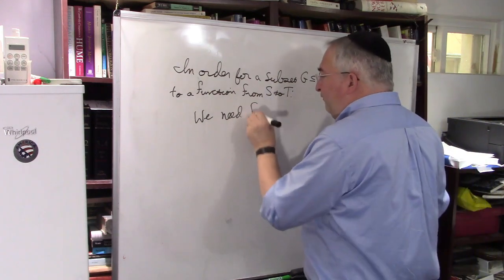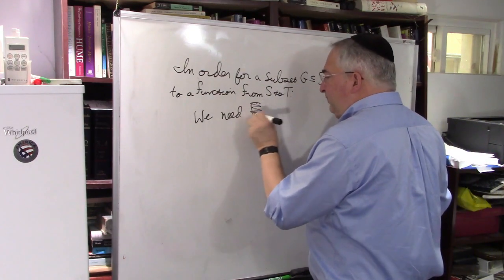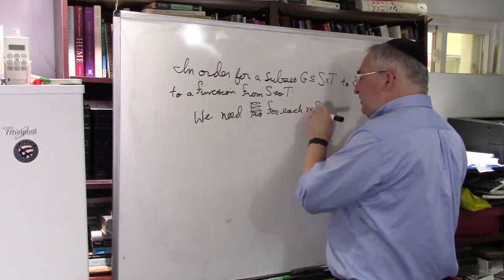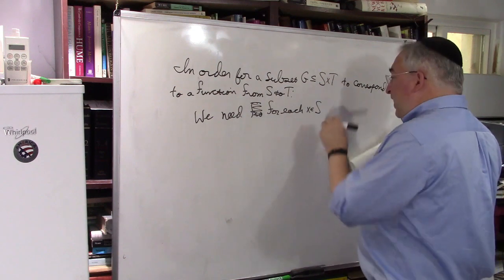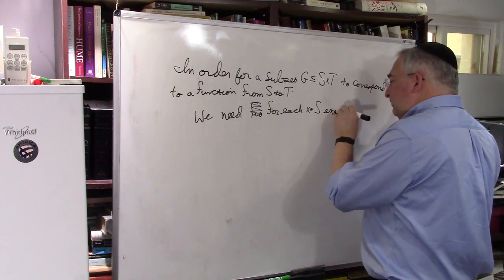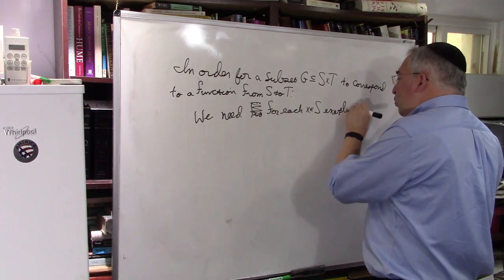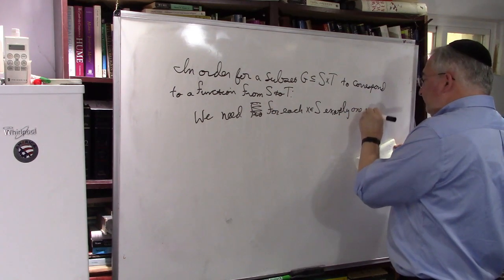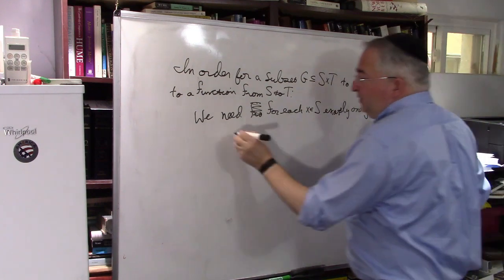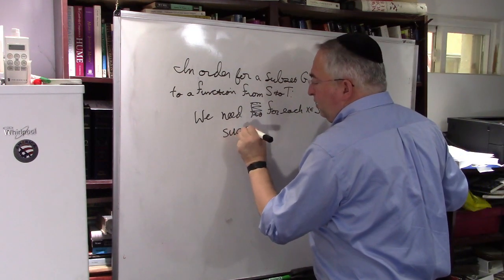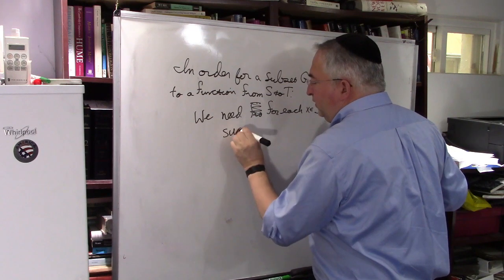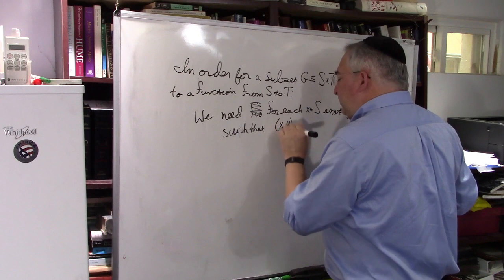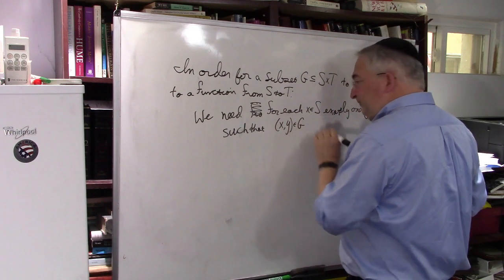We need for each x in S exactly one y in T such that x comma y is a member of G.